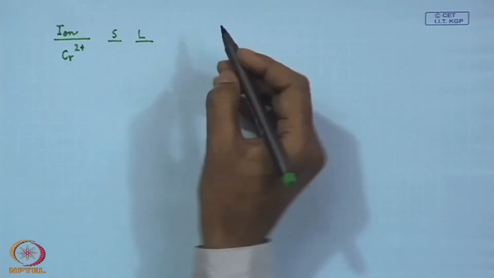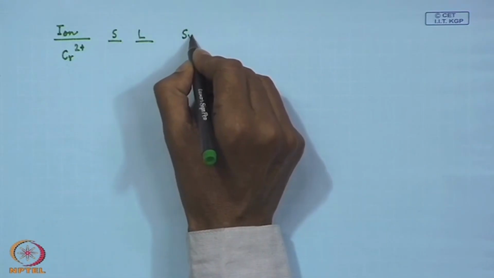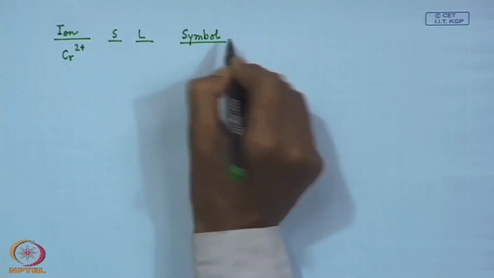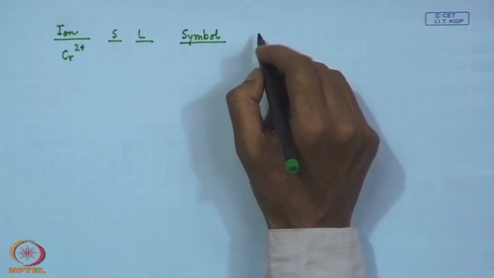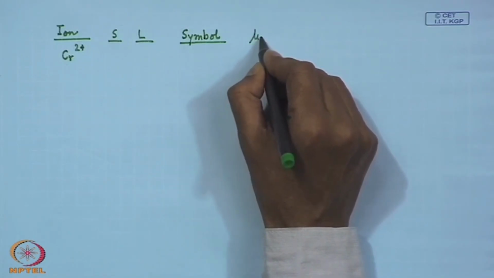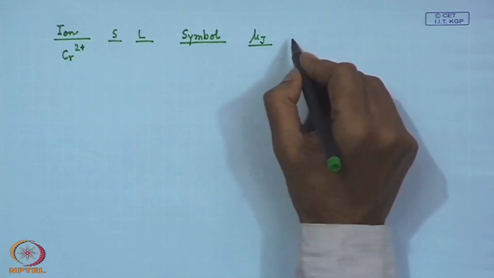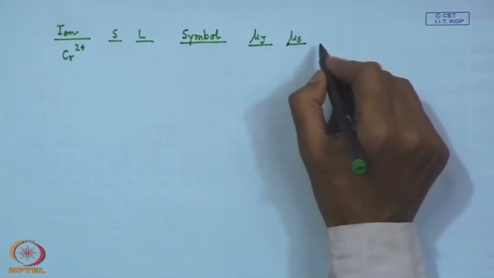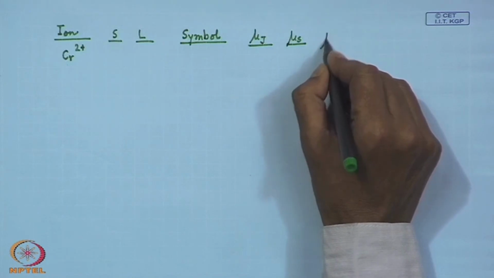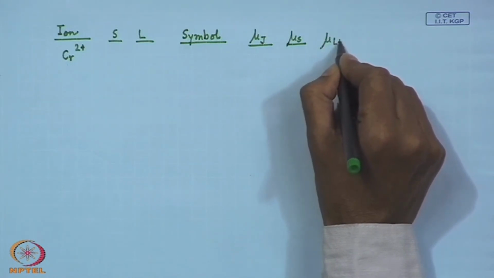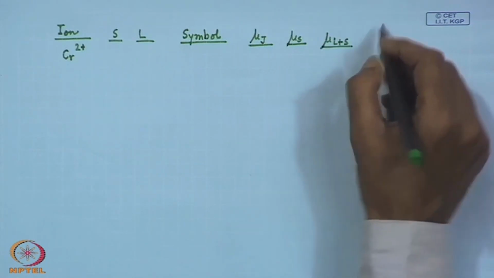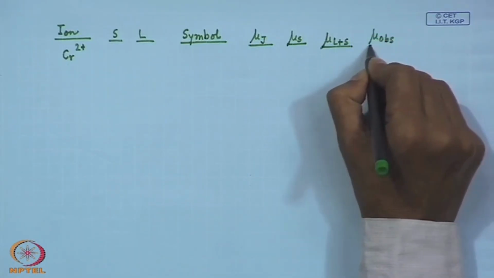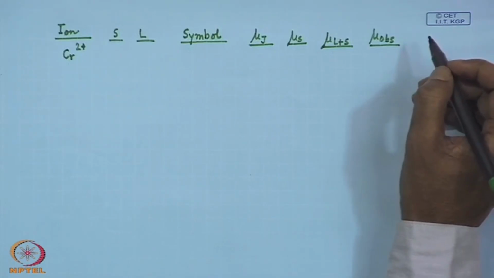Then we can have the spectroscopic symbol, and then we can calculate the corresponding mu J value, the mu S values we have seen in the table right now, then mu L plus S values and the mu observed or mu experimental values for these systems.